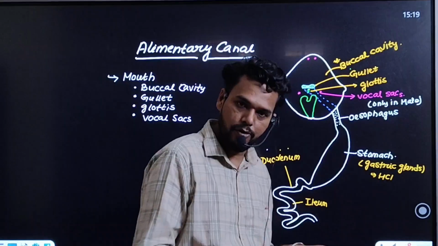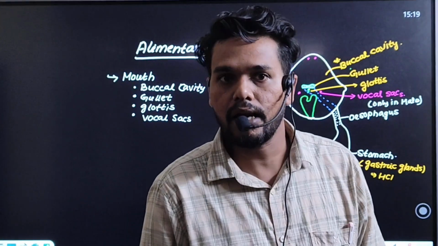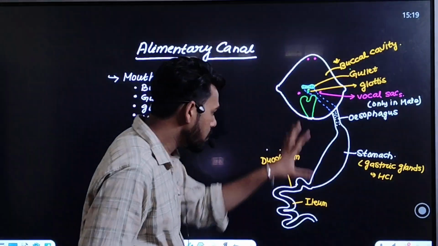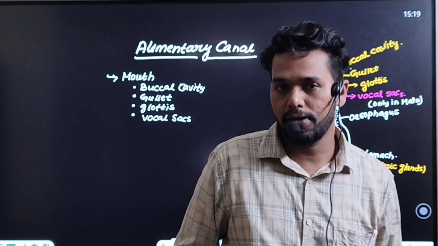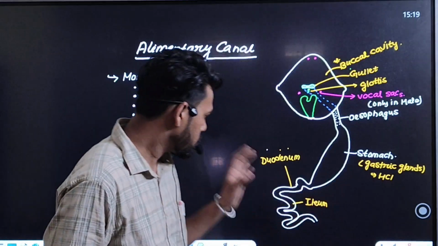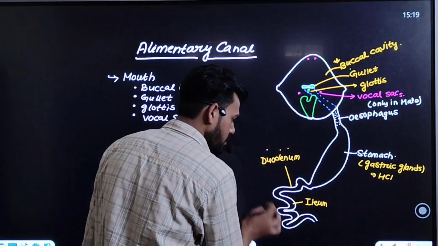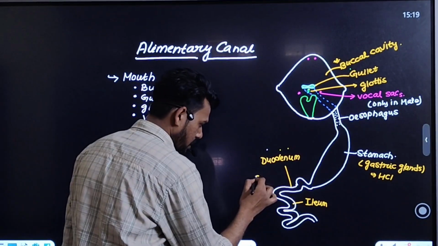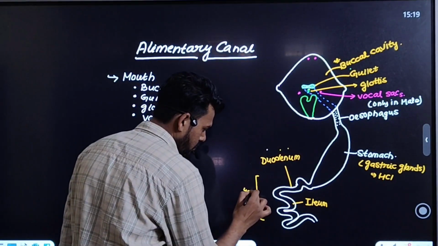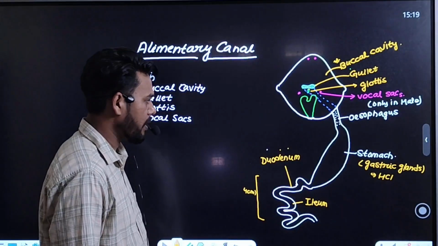Though frog is a carnivore, mainly it is insectivorous, but it is a carnivore. So most of the carnivore animals have comparatively short alimentary canal, and the most short part, if we compare from humans, is its small intestine. Mostly it is 4 centimeter in length, but it is the longest part of frog alimentary canal.